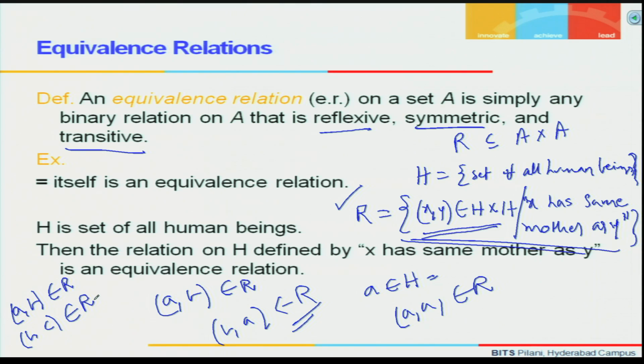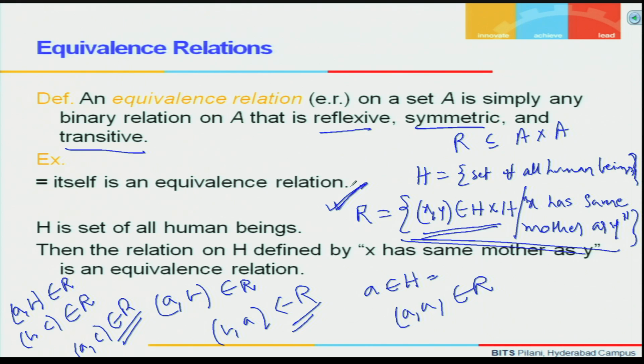When I say that A comma B is in R, it means that A has same mother as B. And when I say B comma C is in R, it means B has same mother as C. Because of these two statements, I can obviously infer that A has same mother as C. This is but obvious. Hence, A comma C is also there in this relation, so this relation is a transitive relation.